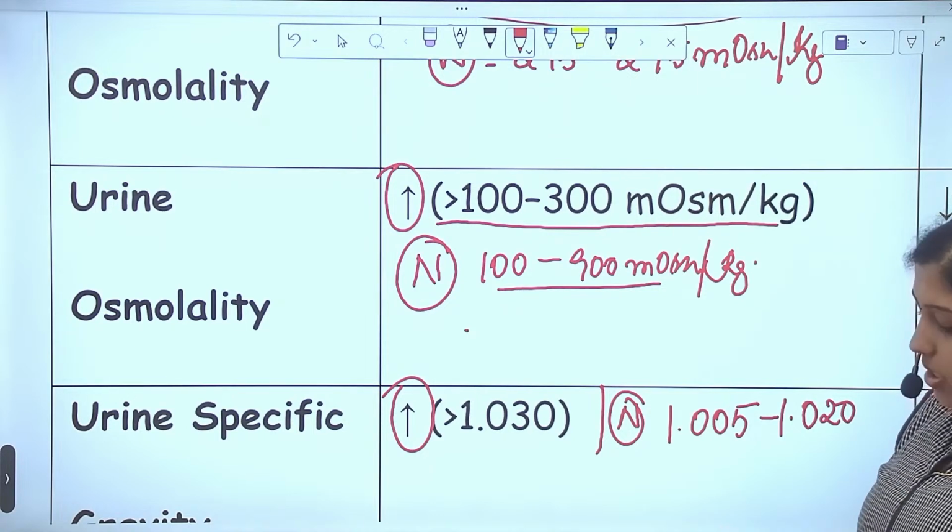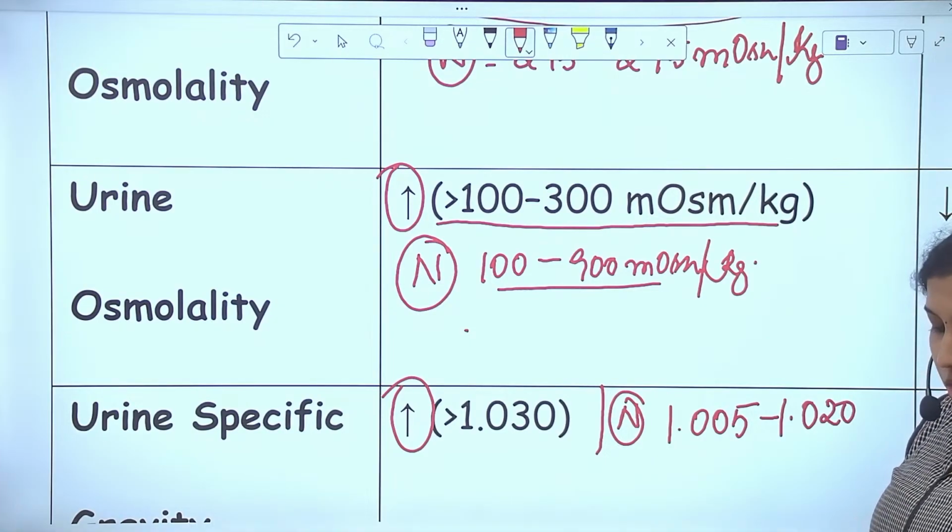In some books, 1.030 is also given as the maximal level, but you can remember both. As per the presentation of the options, you have to click the answer, right?